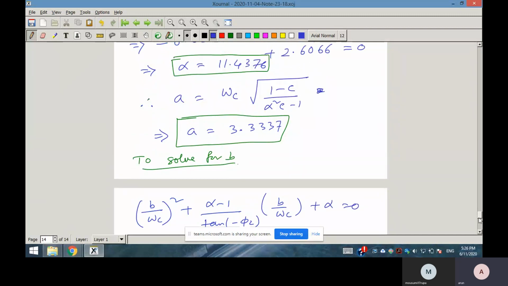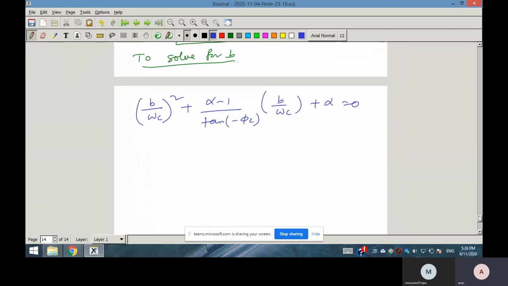So the lead lag controller design is a little bit involved because it is a little bit lengthy, as you can see now. So this is b by omega c square minus 298.893 into b by omega c plus 11.4376, this is equal to 0.